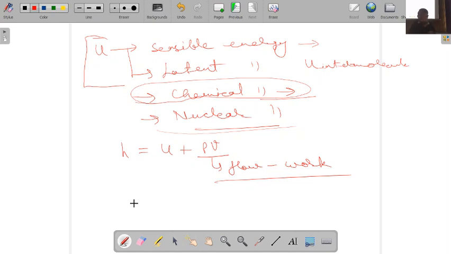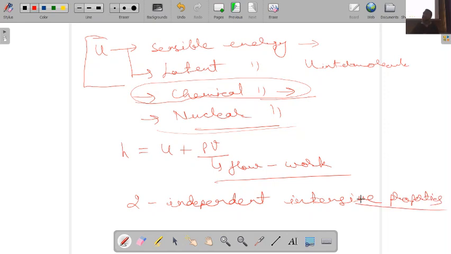So what I am saying is, as per the state postulates, for a simple compressible substance, to designate its state, two independent intensive properties are required. What is the meaning of independent?